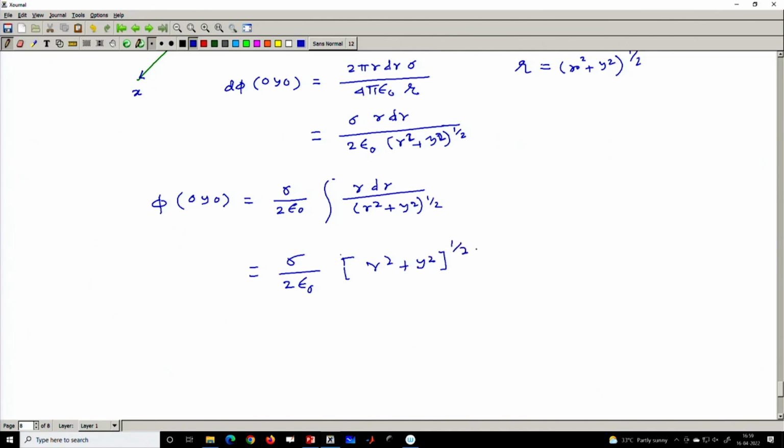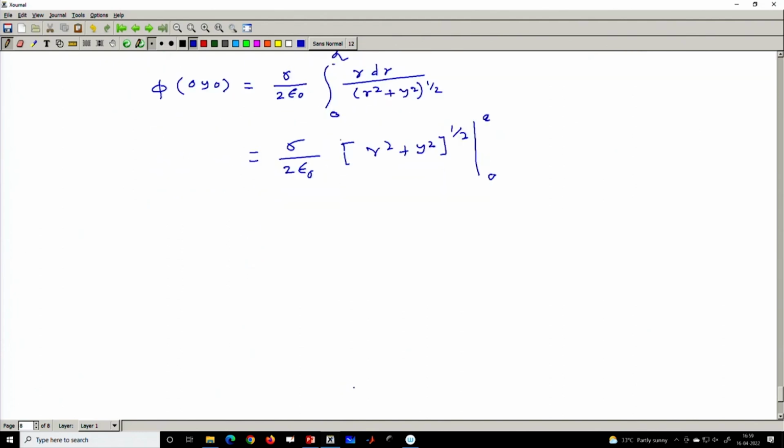Now I need to integrate this for the entire disk, so the limit should be 0 to a.